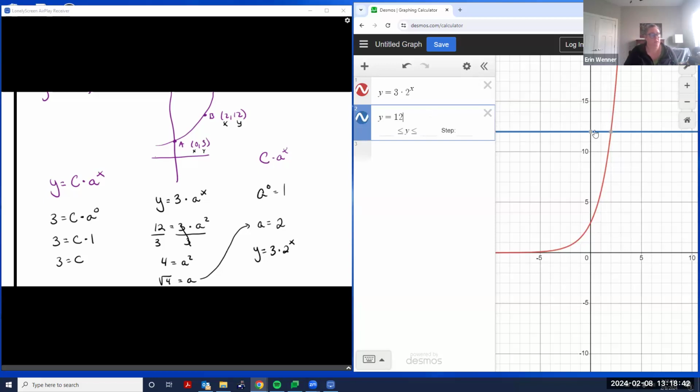And we can see here that it goes through (2, 12) as well, right? Well, what if I had said, well, the square root of 4 could also be -2? What would that look like?